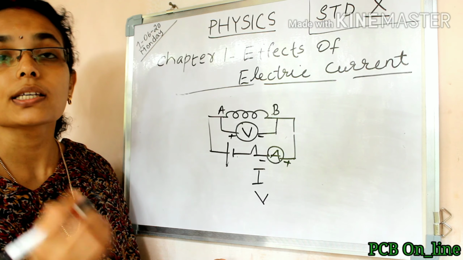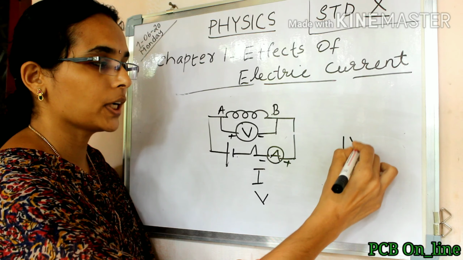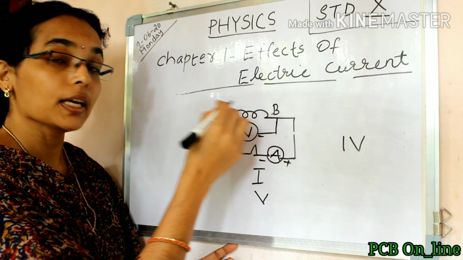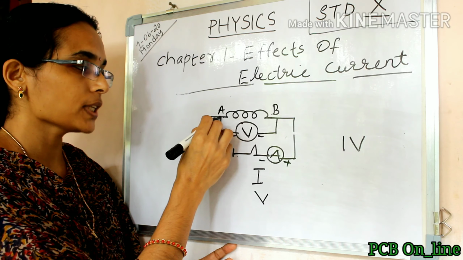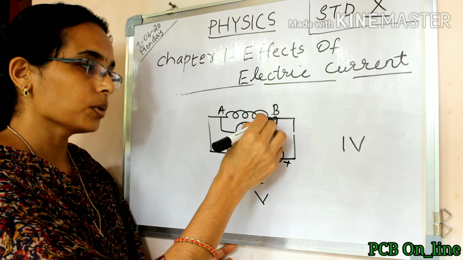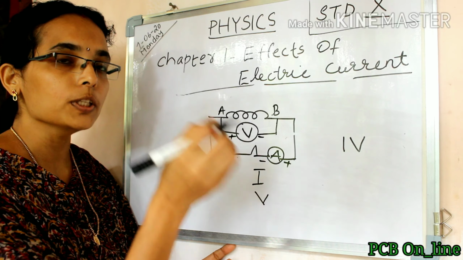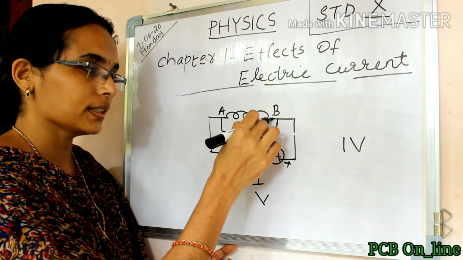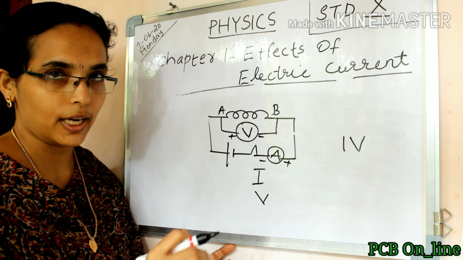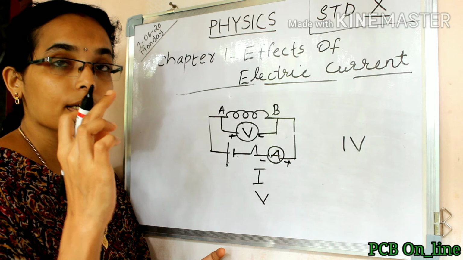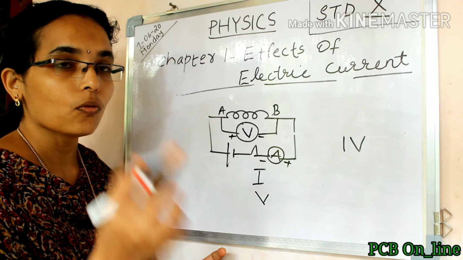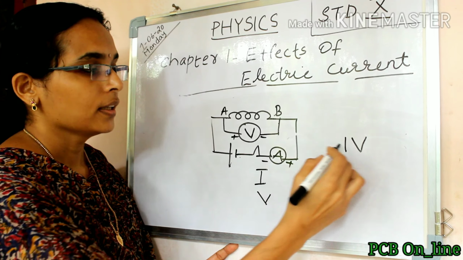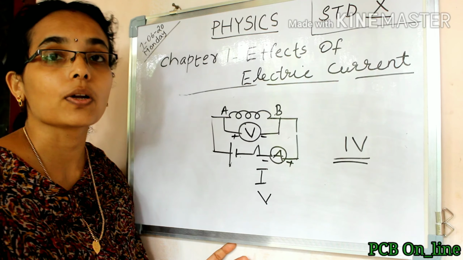Potential difference of 1 volt means we have done 1 joule of work in moving 1 coulomb of charge from this point A to this point B. We have moved charges from A to B through this conductor, and the amount of work done is 1 joule. To move 1 coulomb of charge from A to B, then we say that the potential difference across its ends will be 1 volt.